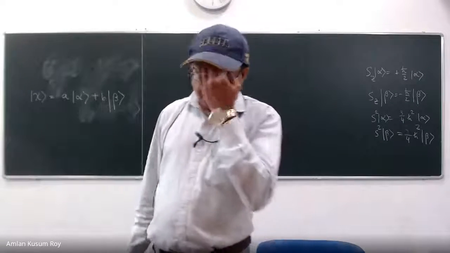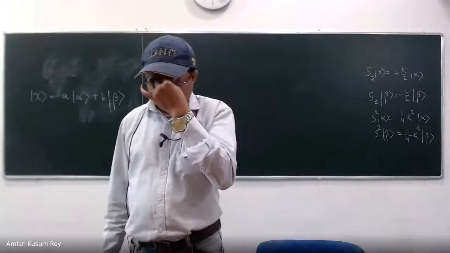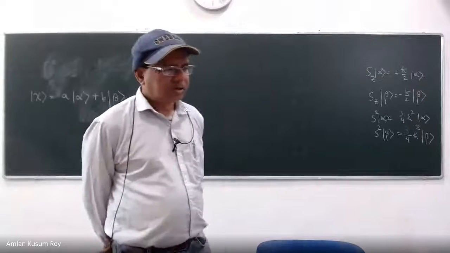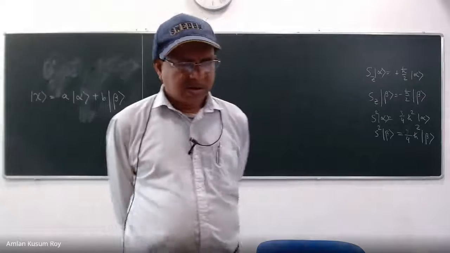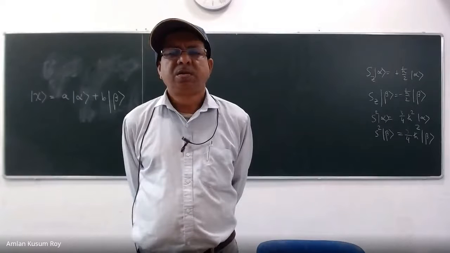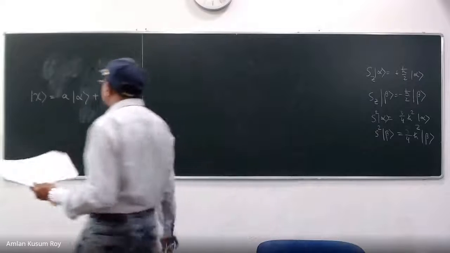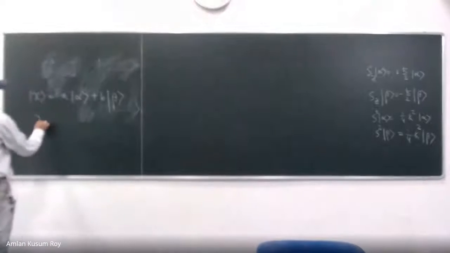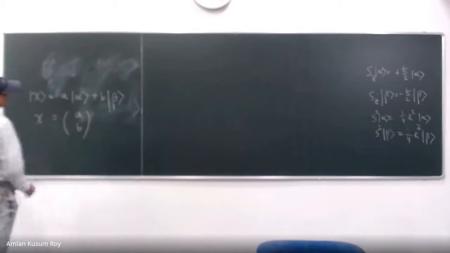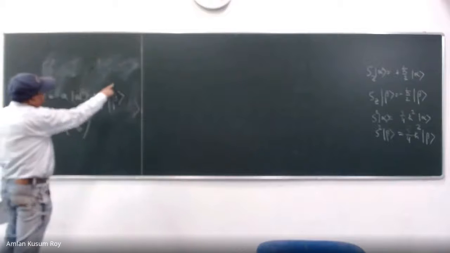And what is the notation for alpha and beta? How do I write alpha and beta in the matrix form? What is the matrix representation of alpha and beta? Remember in the very first class we said I can describe chi as only A and B. So that is the matrix representation of chi in the representation of alpha and beta.